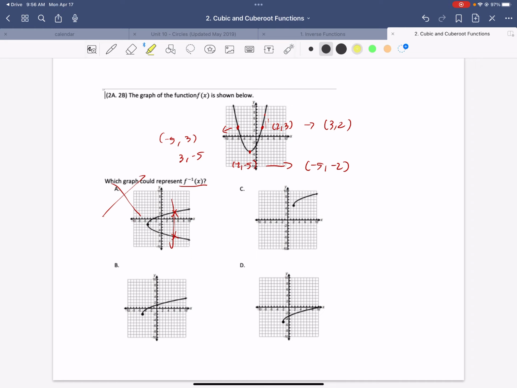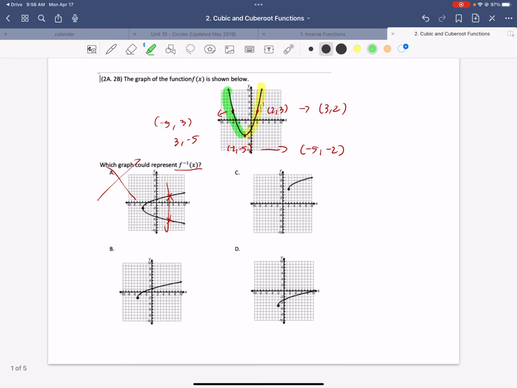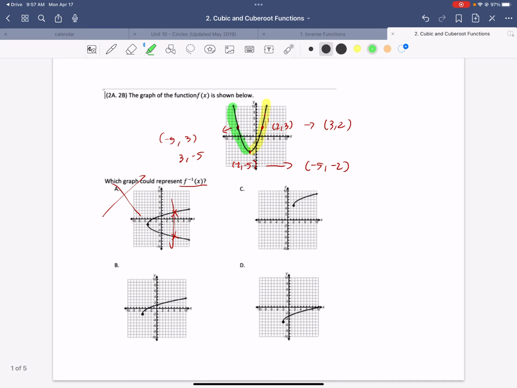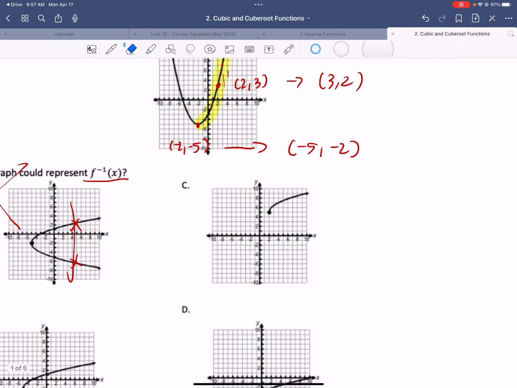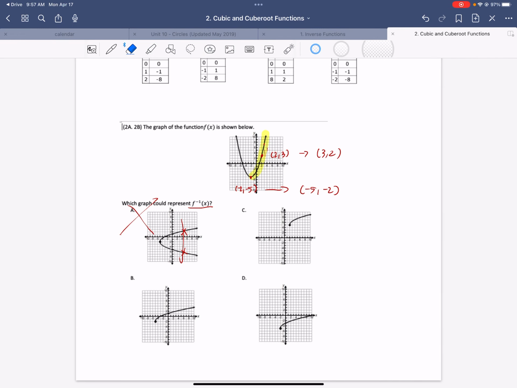Since this one is quadratic, I'm going to have either +1 or -1, okay? So let's see, but this one's a positive graph, so I don't need the -1, okay? So let's do this one. Which one has a 3, 2 and -5, -2?